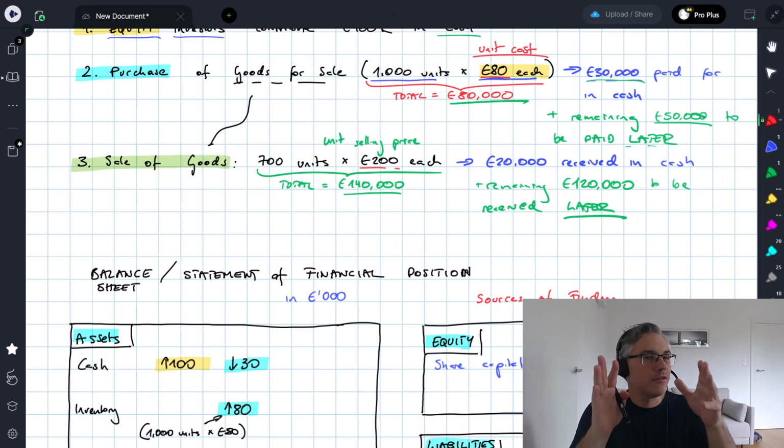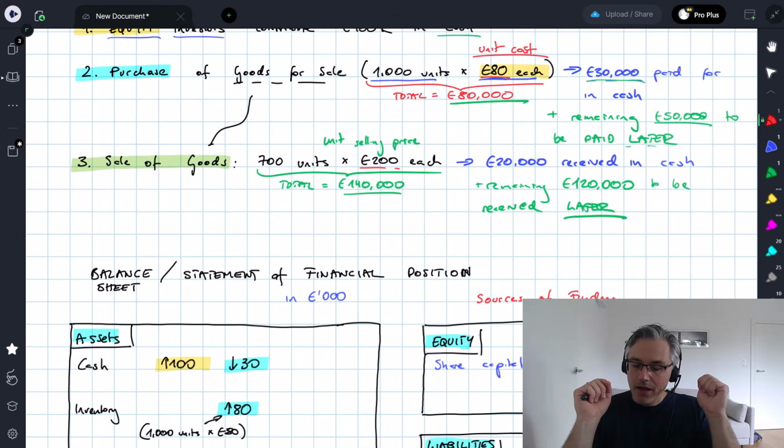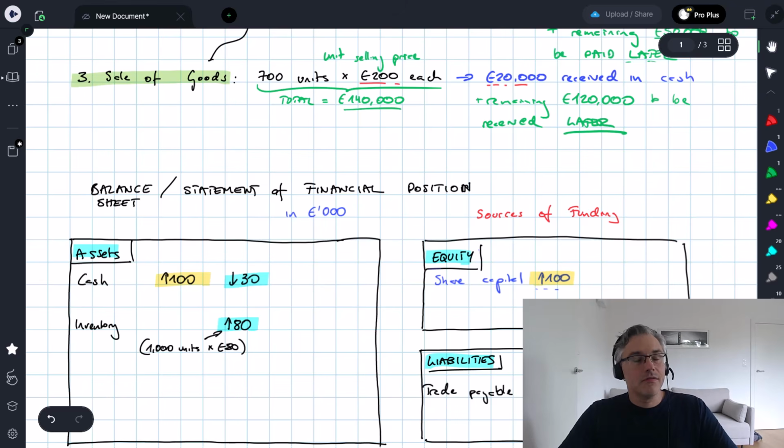So there's 120 of profit embedded into that sale. As before, only some of the money is settled, or only some of the transactions settled in cash. This time we only receive 20,000, and the remainder will be paid later.